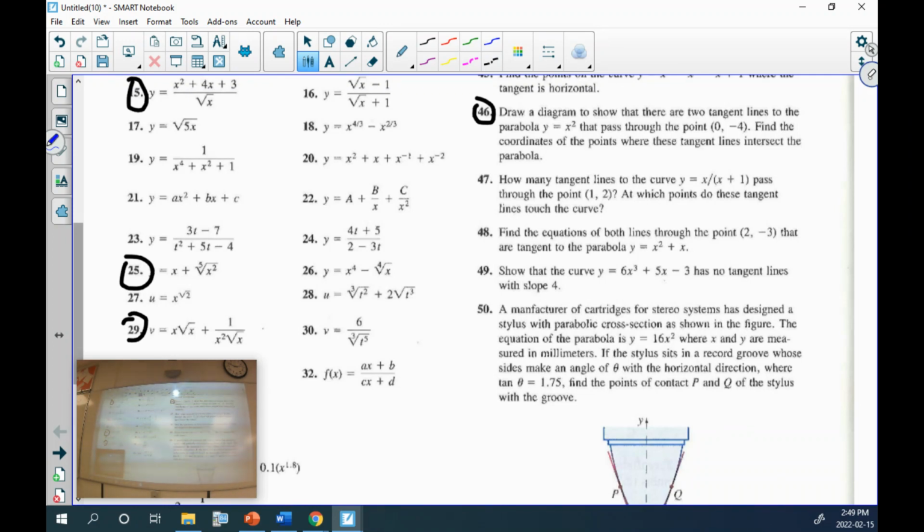And let's do question number 49. Okay. Show that the curve y equals 6x cubed plus 5x minus 3 has no tangent lines with a slope of 4.